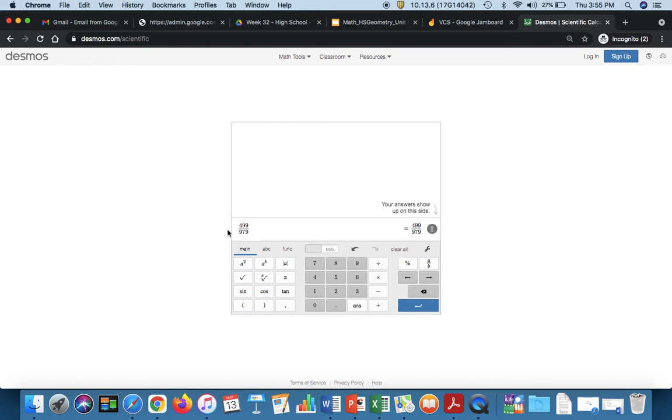Now for B, to verify my answer, we would type in 486 over 979, and we get approximately 0.50 if we're rounding to the nearest hundredth.